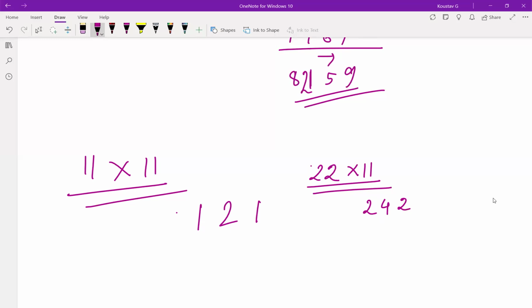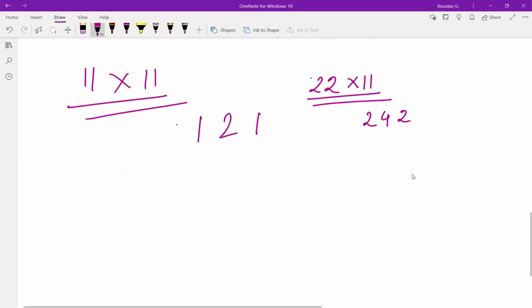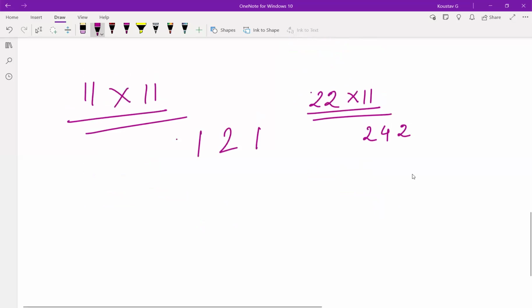What are you doing here? When there are two digits, you just write the first and second digits as your first and last, and in between you add them.